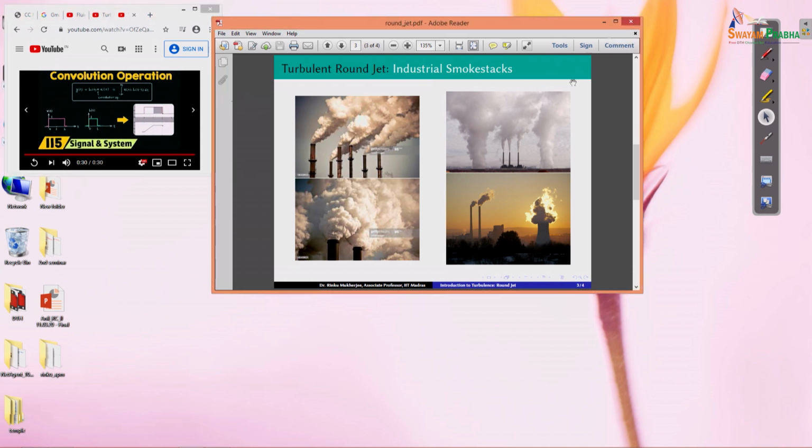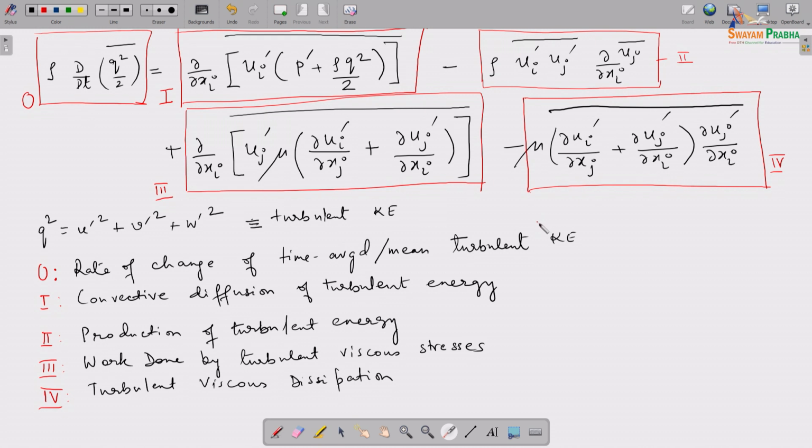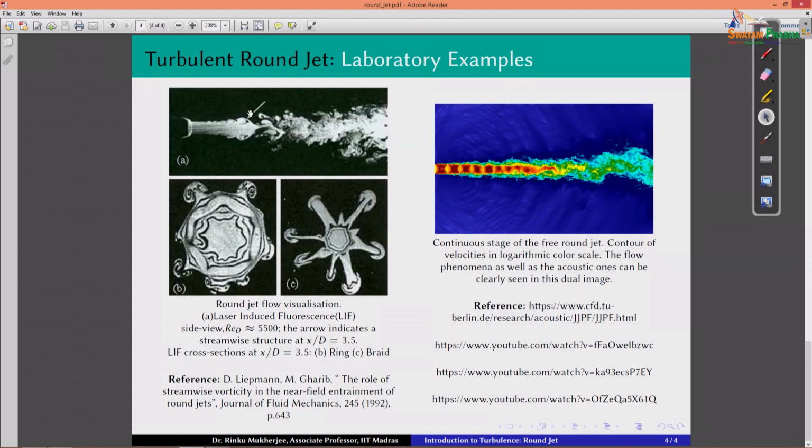So now, if I were to go back to this a little bit, this is the type of flow that we were looking at. In reality, this is what you have in actual practice, and then this picture out here is what is developed in the lab.